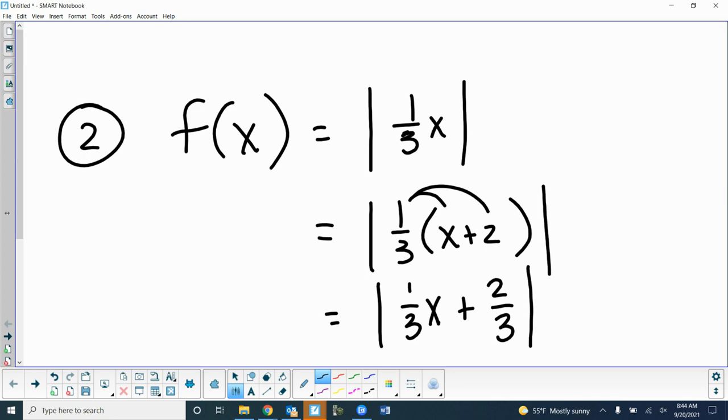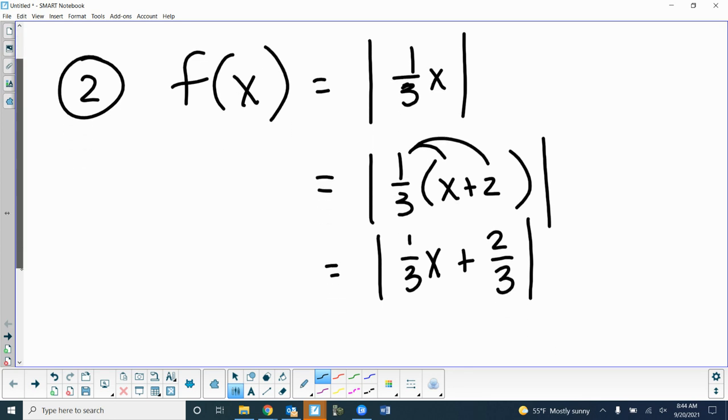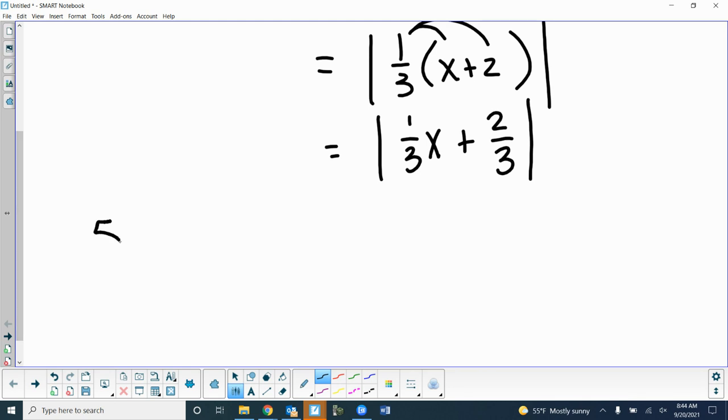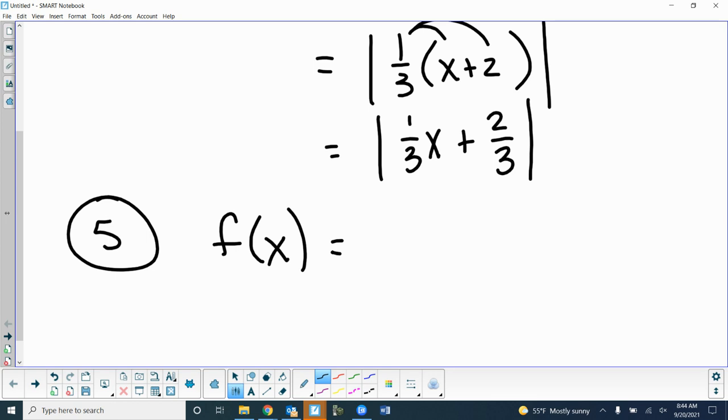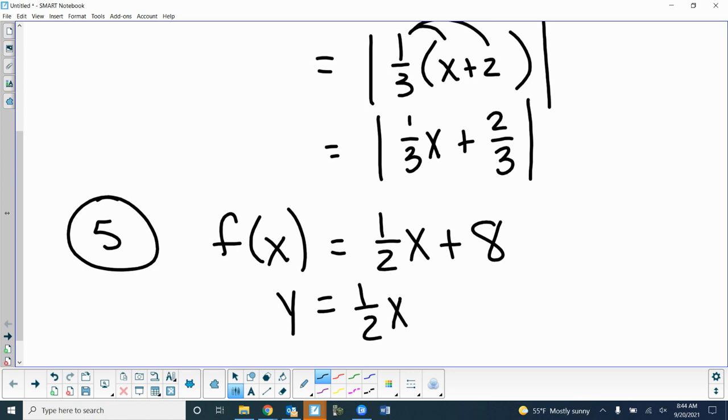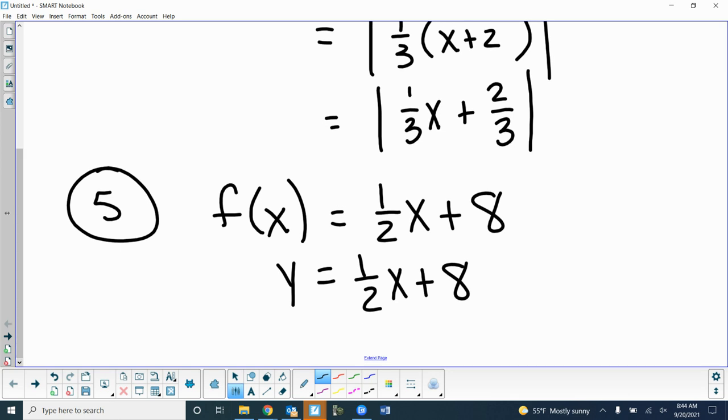Okay, number 5, reflection on the X, you're taking the opposite of the whole thing. You're changing your Y, right? So remember, we have f of x equals 1/2 x plus 8. Okay, remember, that's the same as y equals. We're just writing stuff in function notation right now. All right? So remember, when we're reflecting about the x-axis, we're changing our y.